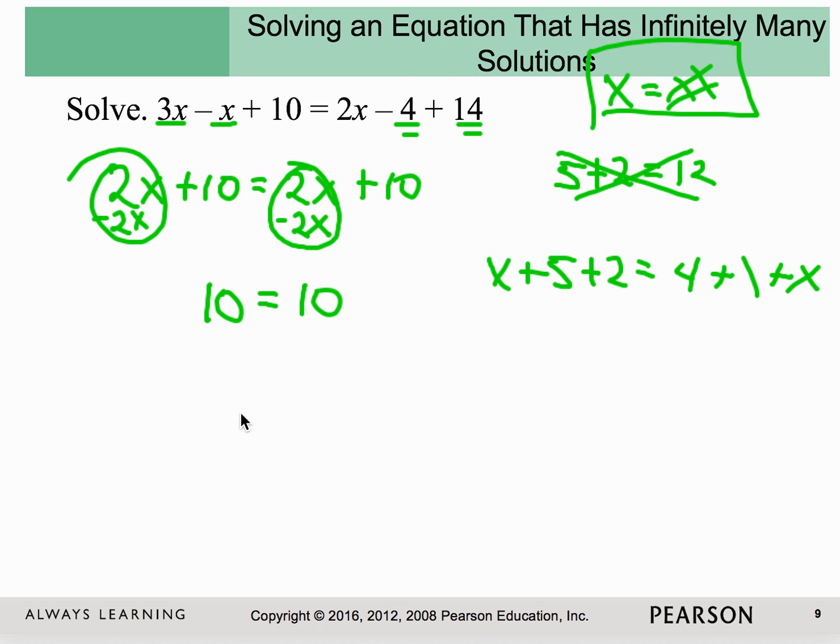Wrong book. I don't have this book. Okay, I think we're going to call this, here's the symbol for all real numbers, right? It's an R with an extra leg on it. So all real numbers, or your choice might be infinite solutions.